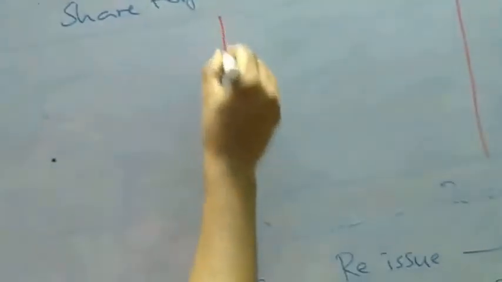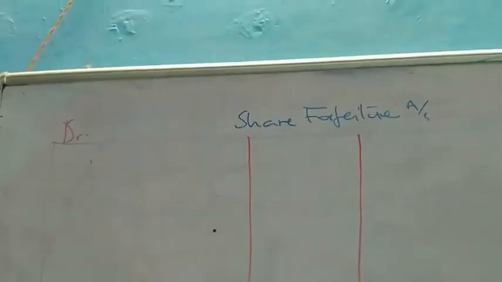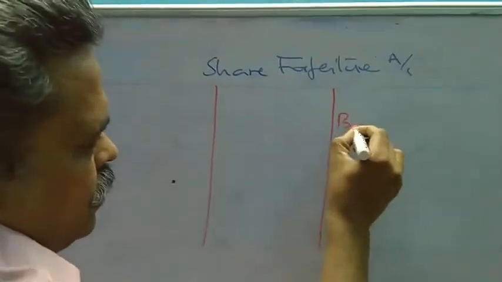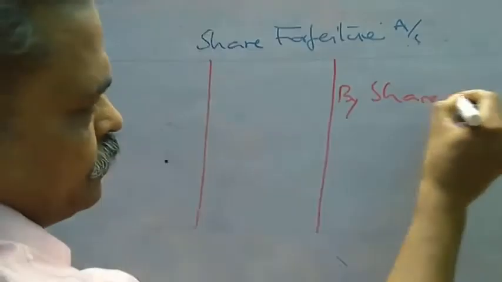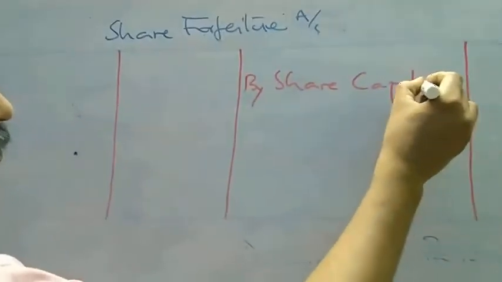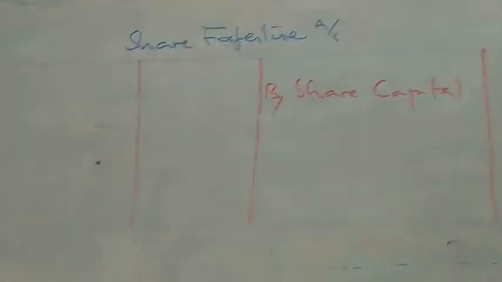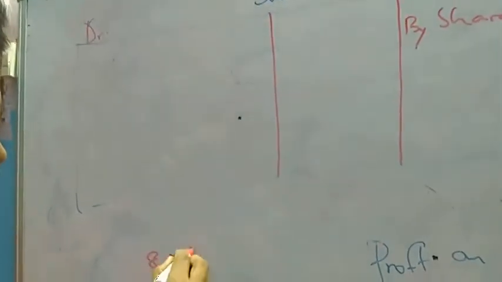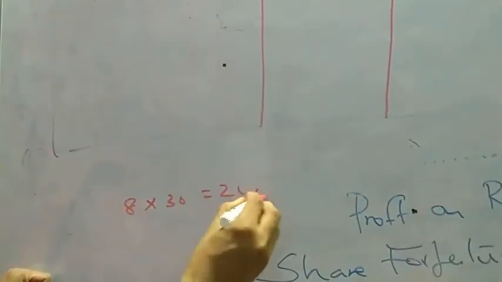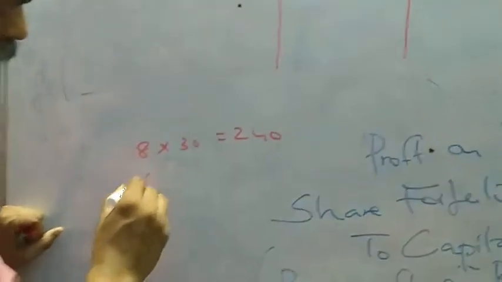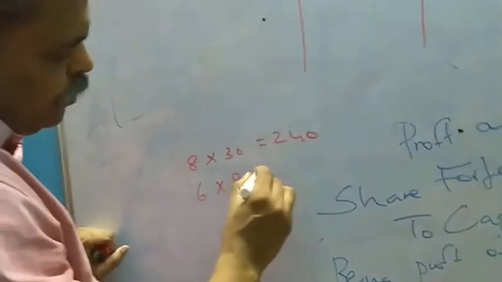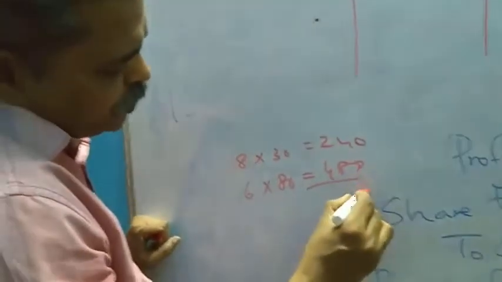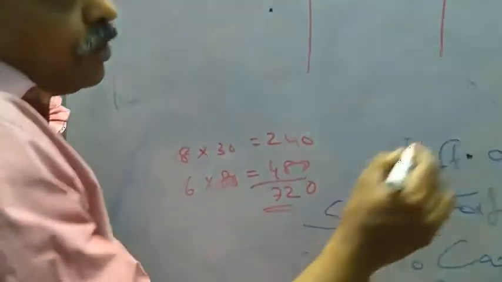It is the credit side. It is the debit side. So I should write here by share capital. We got 8 into 30, 240 rupees. Then 6 into 80, 480 rupees. Make the total, it is 720. That you write here, 720.